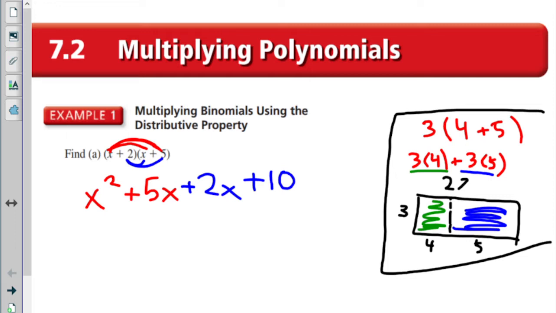So on this problem, I have the x squared as that first term, so it's still going to be an x squared. I have this plus 10 at the end. It's still going to be a plus 10 at the end. In the middle here, though, I have a 5x and a 2x that I can combine together to be a 7x.